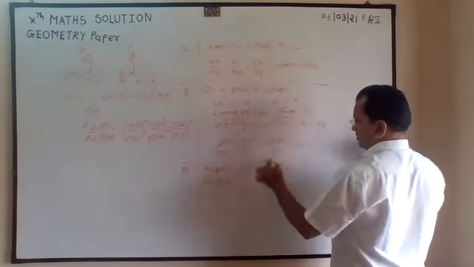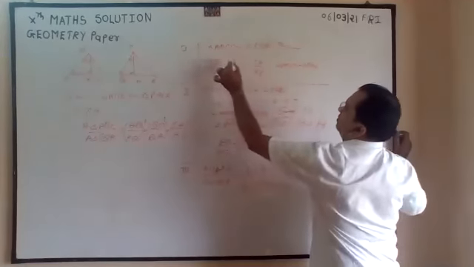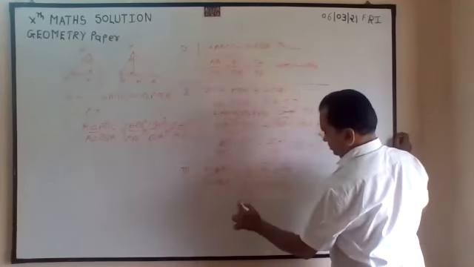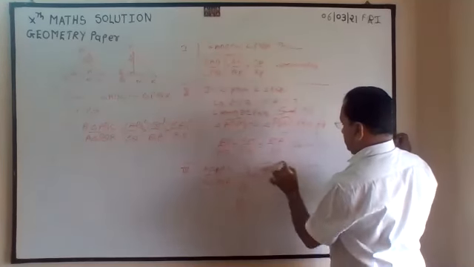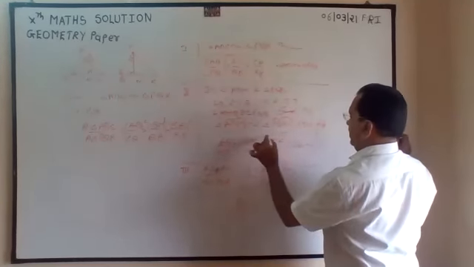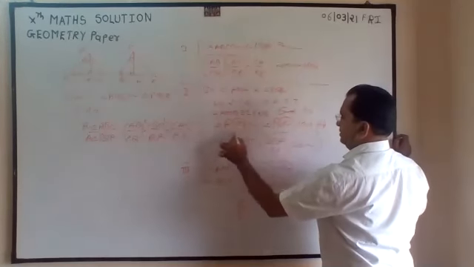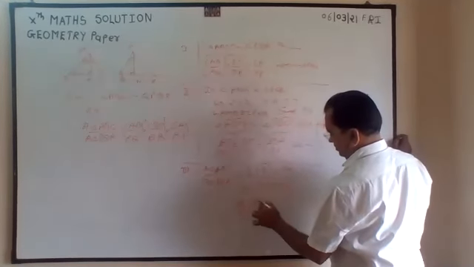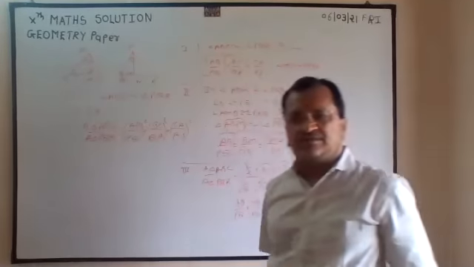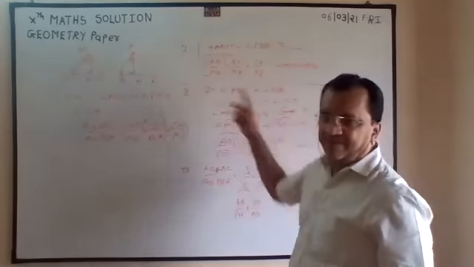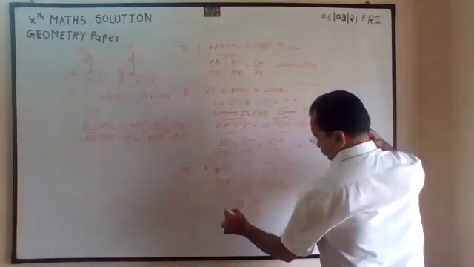This cancels. BC over QR, BC over QR is equal to AB over PQ, AM over PN, AM over PN, AB over PQ. From first and second substitution, both are AB over PQ, AB over PQ. So it is a square.